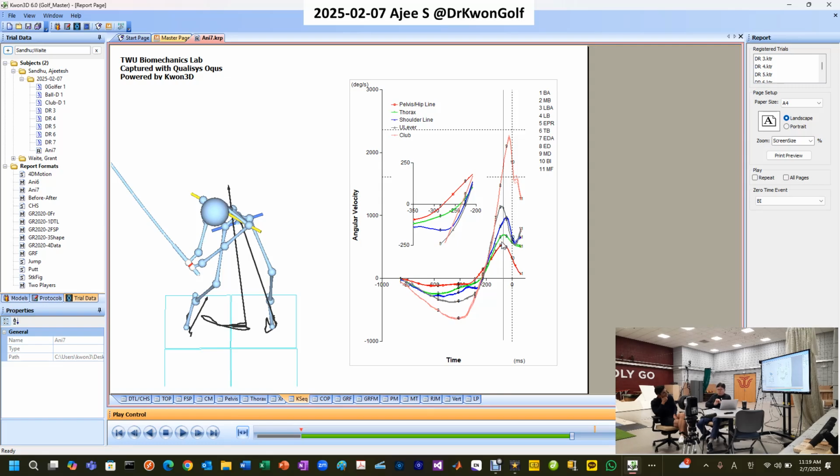This means you're putting a lot of effort through the impact and then the follow-through, because your intention is to put a lot of effort at impact. But when you put a lot of effort at impact, it affects the follow-through motion.